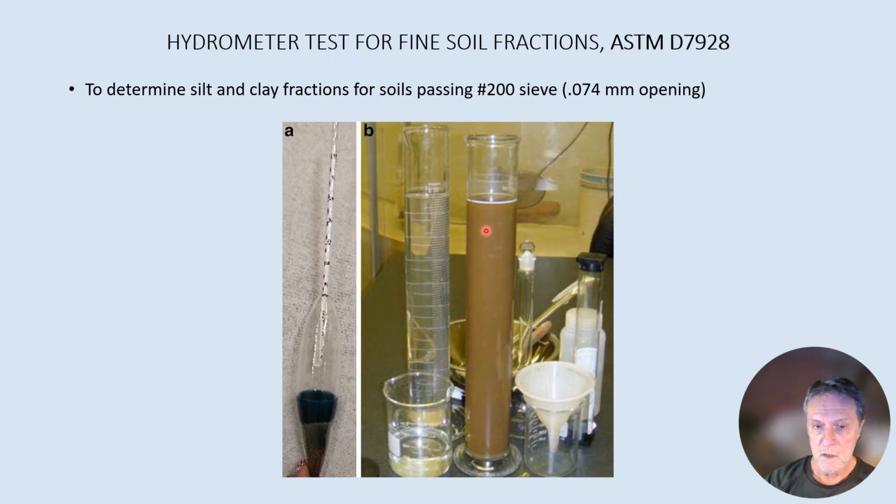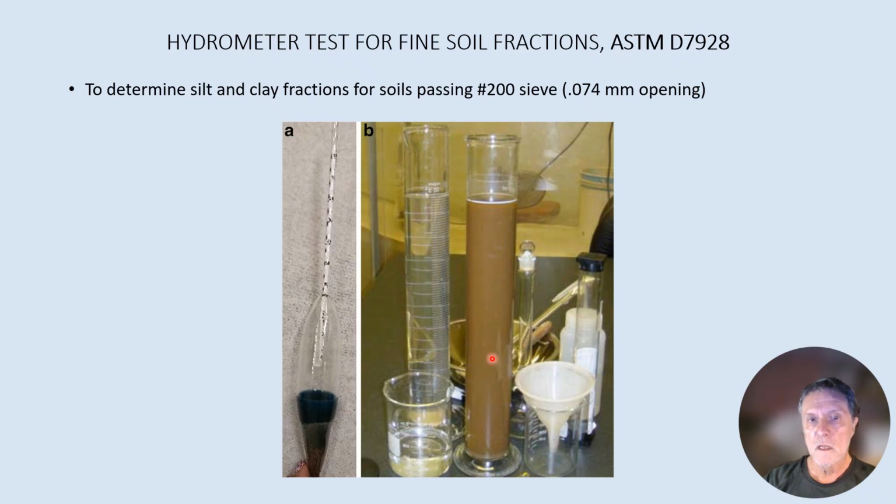Basically, you take a beaker of water, pour your soil passing the 200 sieve into the cylinder, and then let it settle out. The heavier silts will settle to the bottom, and the lighter clays will stay in suspension for quite some time.